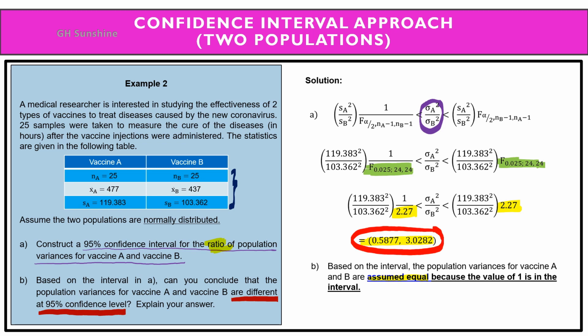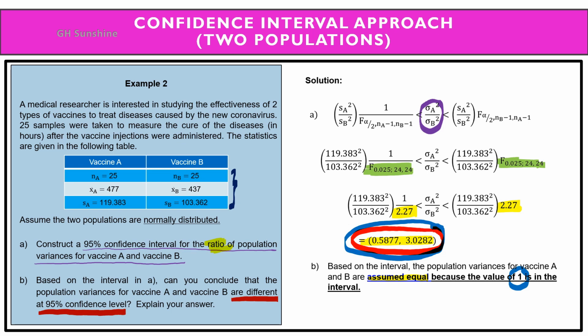Why equal? Because the value of 1 is in the interval. So look at here, 1 is in the interval. That's why the population variances for vaccine A and B are assumed equal.